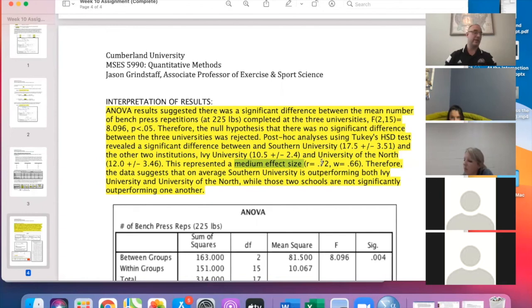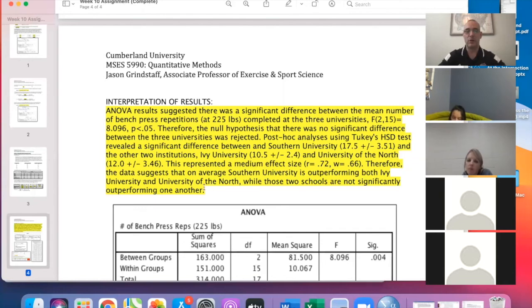And then it's always nice to wrap up an interpretation with, generally speaking, what does this analysis suggest? Well, it suggests that on average, Southern University is outperforming both Ivy and University of the North, while those two schools are not significantly outperforming one another. So something along those lines.